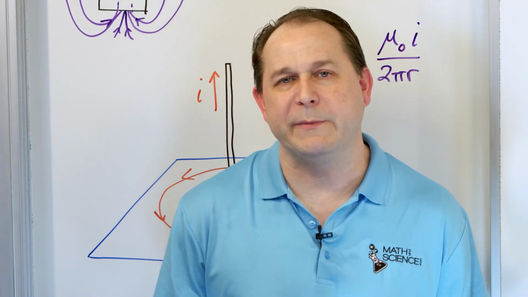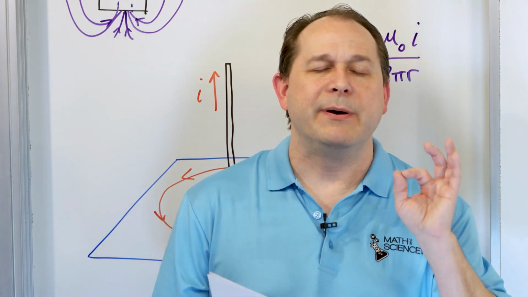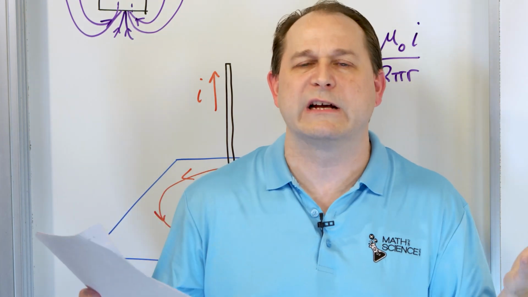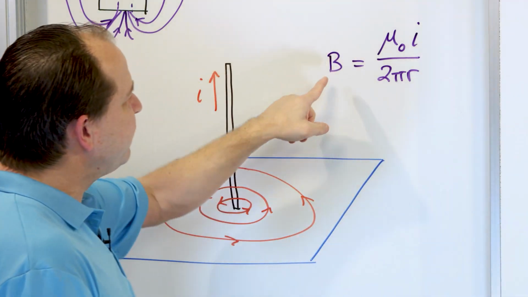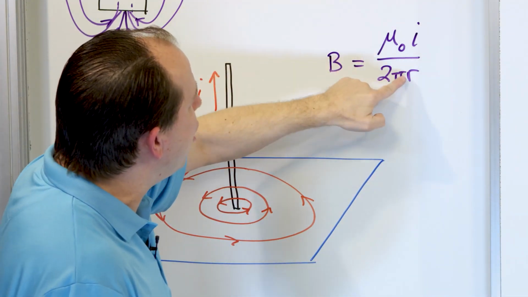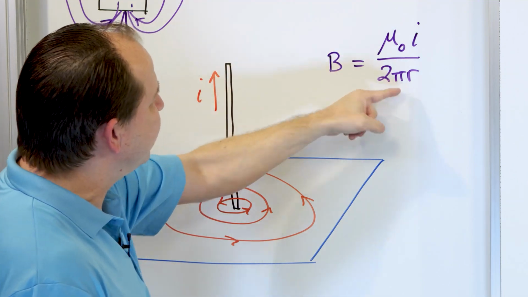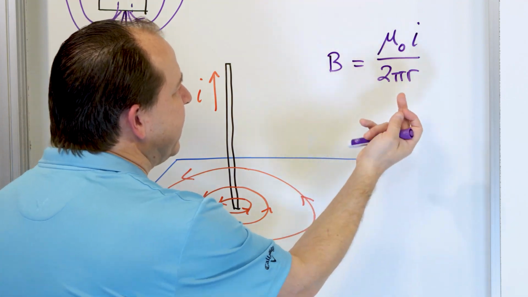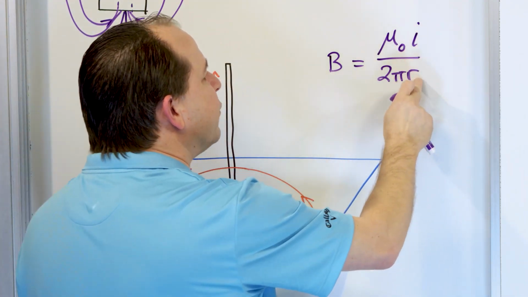One of them is called the permeability. It has to do with magnetism. But for the purpose of this discussion, I don't want to derive where it comes from. I just want you to know it's a constant. It's a number. So this equation for the magnetic field is a number here, a number here, and a number here. These are all just numbers. It's like 3, 4, and 7, or 10, 5, 2. It's just numbers. The only variables here are the current flowing in the wire and the radius, r.